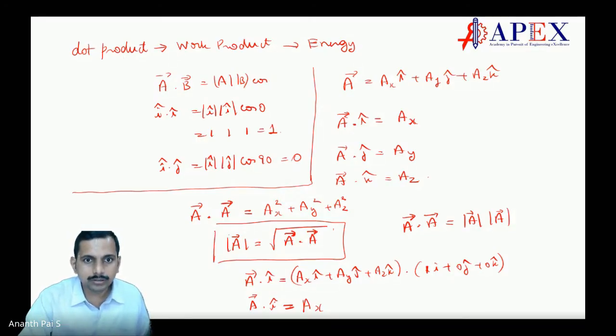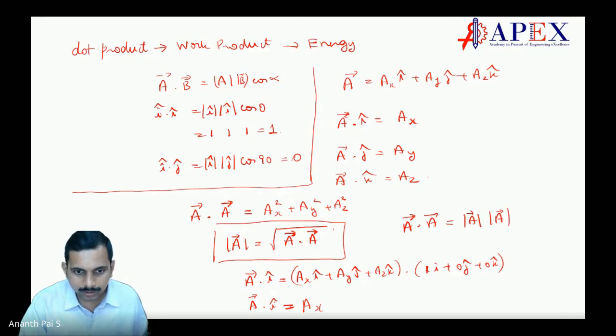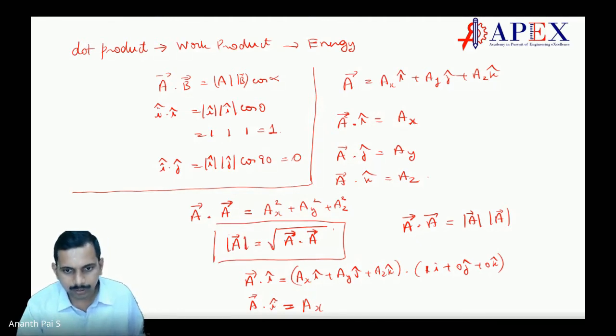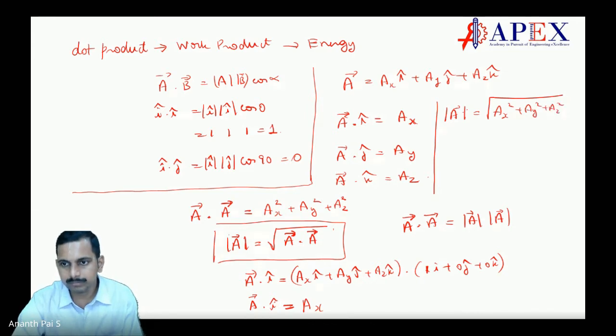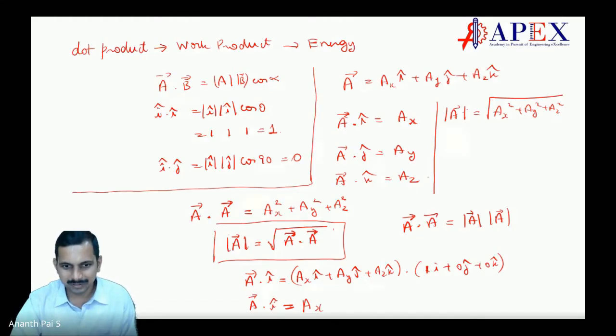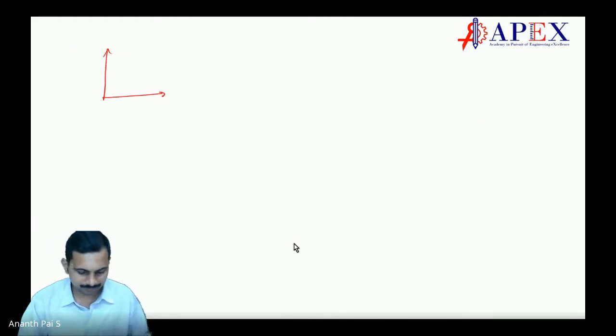The below one, magnitude of A is equal to square root of A dot A. What is the magnitude of A? Square root of Ax square plus Ay square plus Az square. Correct? Yes, sir. I thought the square root is missing. Correct. Okay, sir.